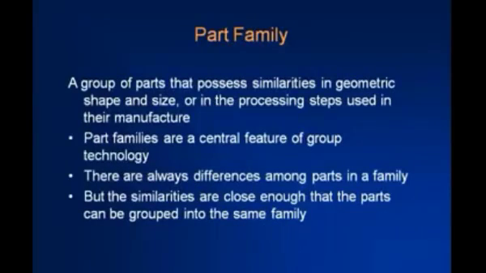What is a part family? A group of parts that possesses similarities in geometric shape and size, or in the processing steps used in their manufacturing. Part families are a central feature of group technology. There are always differences among parts in a family, but the similarities are close enough that the parts can be grouped into the same family.